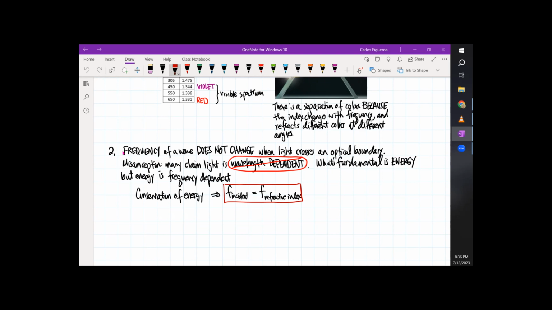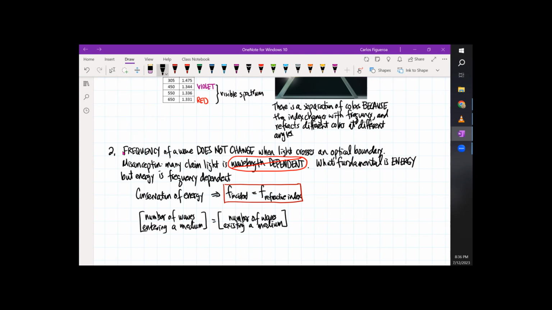So what conservation of energy says here is that the number of waves entering a medium must equal the number of waves exiting a medium.